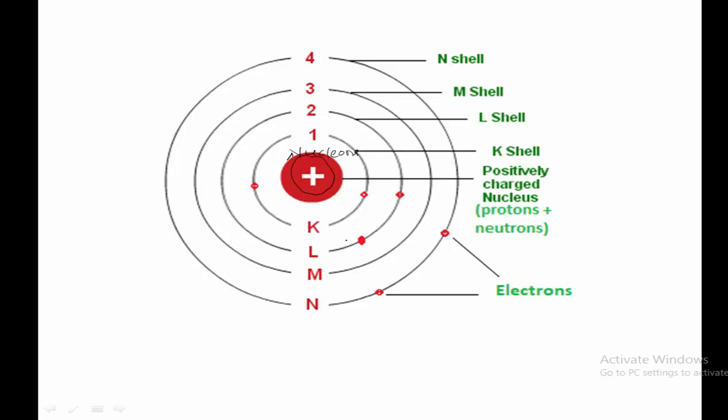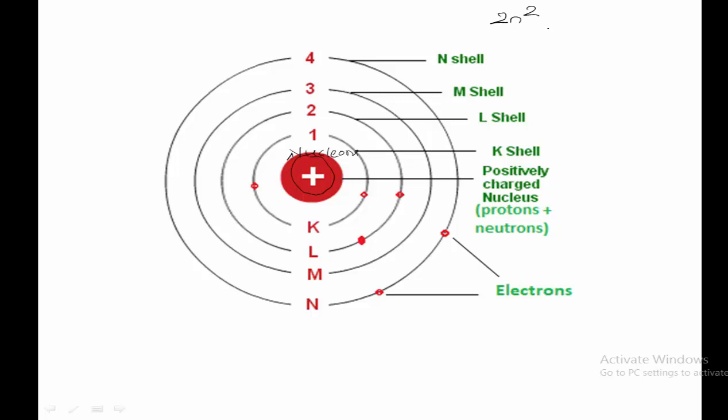Now, around this nucleus, the electrons are revolving around a circular path, and that circular path is said to be shell, and these shells are termed as K shell, L shell, M shell, N shell, and so on. And we have also studied how to find the maximum number of electrons that can be present in a particular shell. That is calculated by using the formula 2n square.